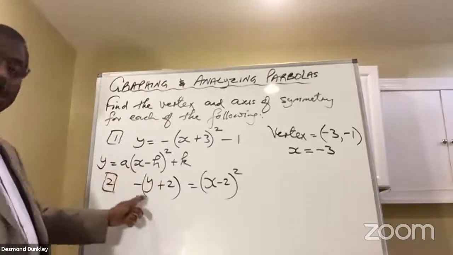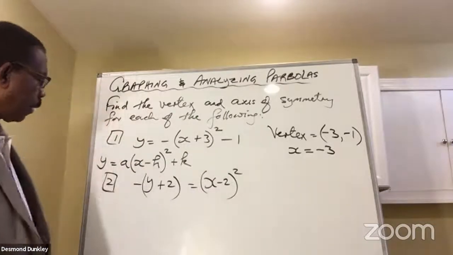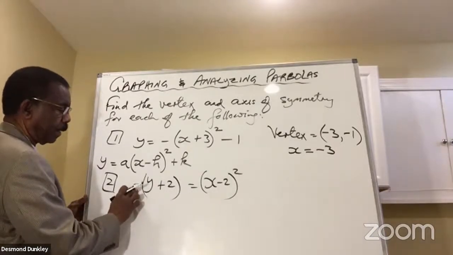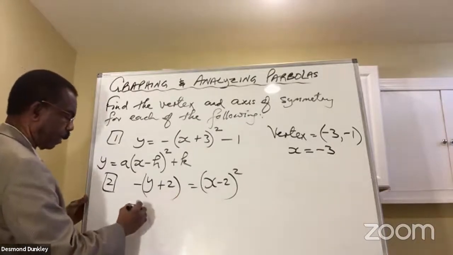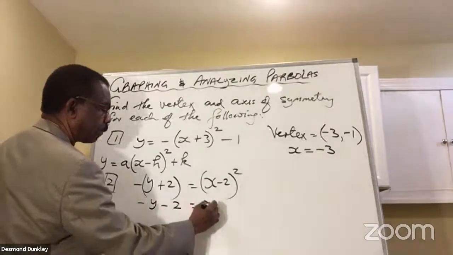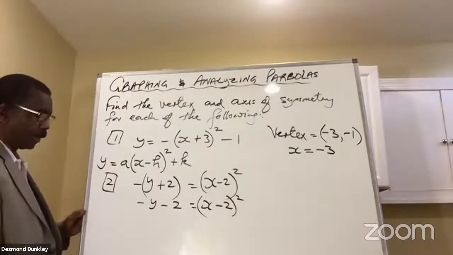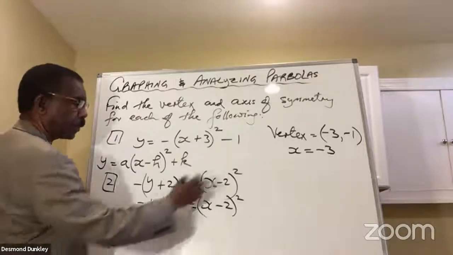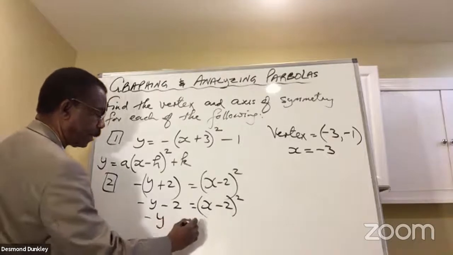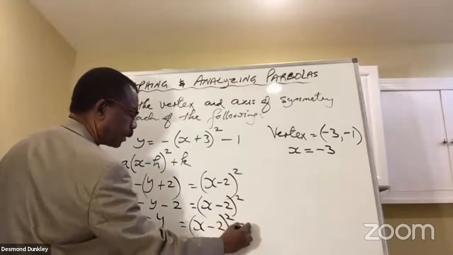So we need to get y by itself, positive y by itself. So how do we do that? Well, first, let's get rid of the negative sign. Let's get rid of the parentheses. So we end up with negative y minus 2 equal to (x minus 2) squared. Then what are we going to do now? Get rid of the negative 2, so we add 2 to both sides. So we end up with negative y equal to (x minus 2) squared plus 2.